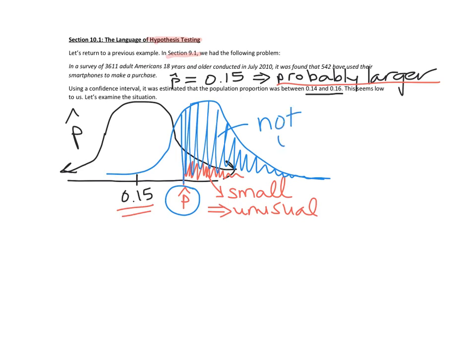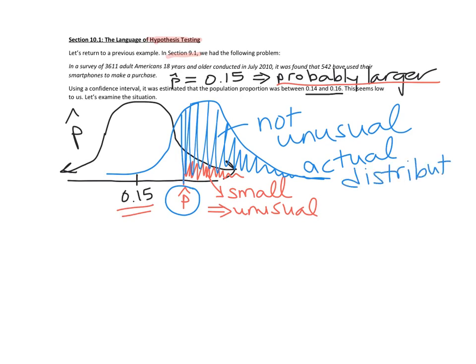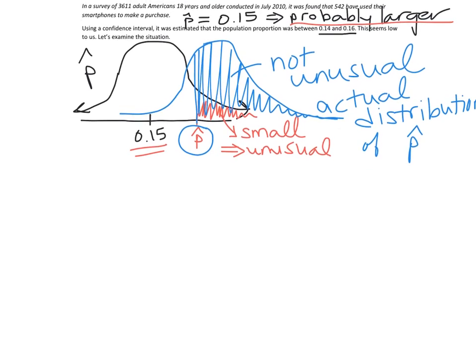This is kind of meat and potatoes, right? All right, so again, this blue one is the actual distribution of p-hat. Okay, so this is essentially what we're going to be doing in our hypothesis testing. We're not going to be making all of these pictures, but it's that philosophy.